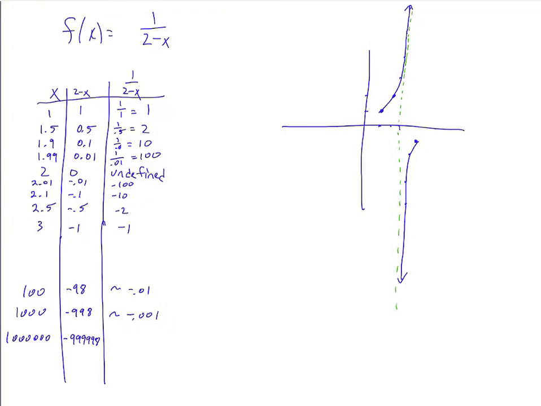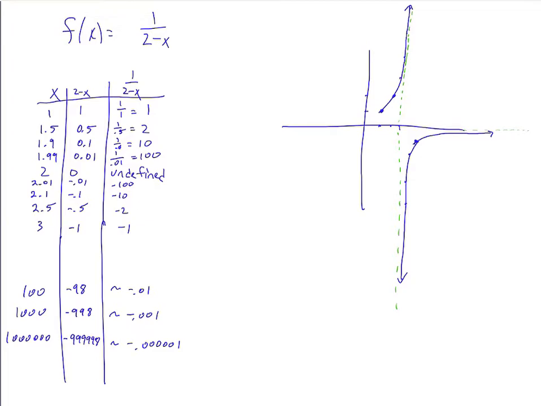Negative 1 over negative 999,998 is about the same thing as negative 1,000,000th. Off by a tiny little bit, but close enough. And so what's going to happen is as x gets bigger, you see these decimals, they're negative, but they're getting closer and closer and closer to 0. Never going to quite make it to 0, but going to keep getting closer and closer and closer.